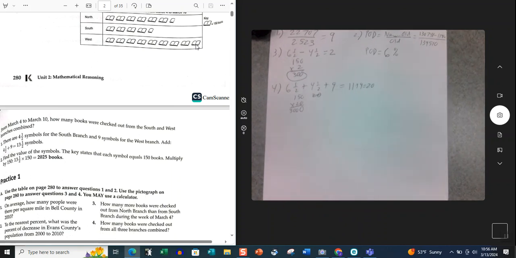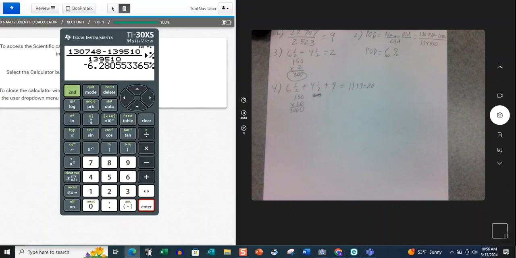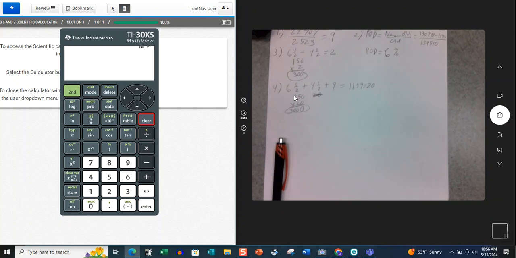Now, I skipped over a couple steps as far as the combined, and that's because we can use a calculator, and I'll show this on the calculator as well. So here, let me circle this. So let's start off first by adding up these numbers, 6.5, 4.5, and 9. So what we could do is press second, and then the N over D, so we could do our mixed number.